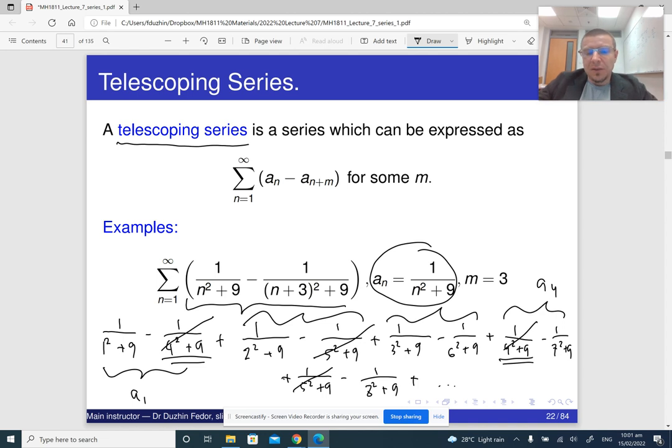If you write down a very long sum, almost everything is going to cancel out, because almost all elements here are going to have a counterpart with the same value but a negative sign.